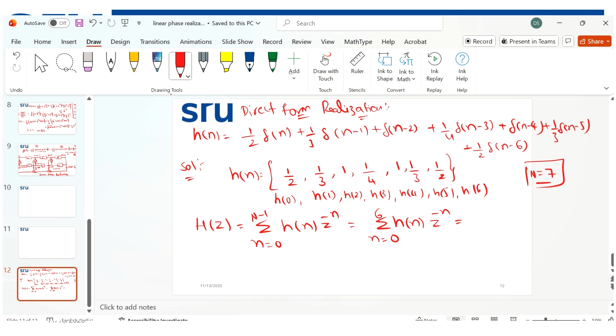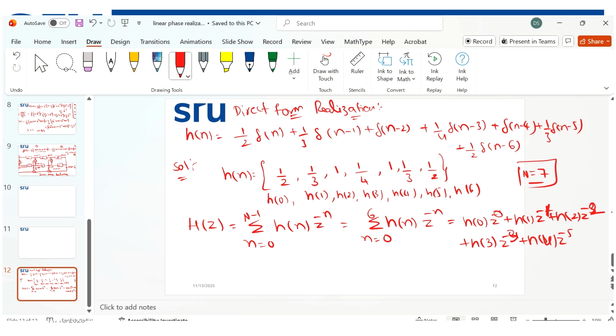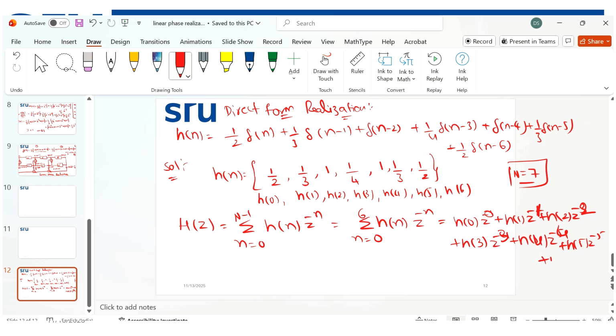Now substitute n starting from 0 to 6: h of 0 into z power minus 0, h of 1 into z power minus 1, h of 2 into z power minus 2, h of 3 into z power minus 3, h of 4 into z power minus 4, h of 5 into z power minus 5 plus h of 6 into z power minus 6.